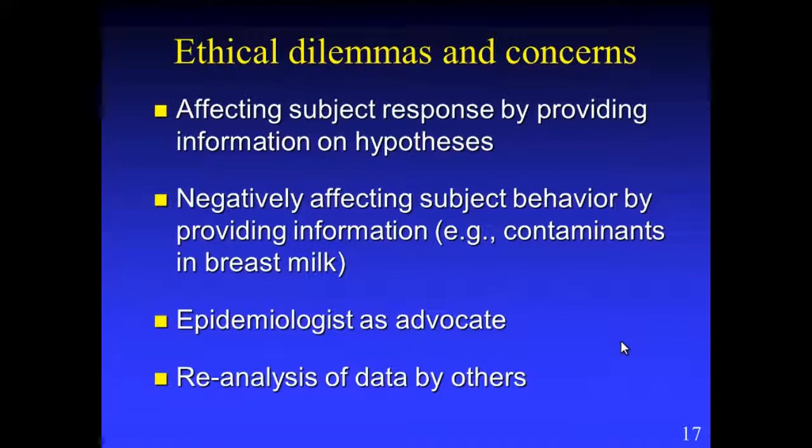So I want to talk about a number of ethical dilemmas and concerns that occasionally arise when we're carrying out studies. The first one I want to mention is whether by keeping participants fully informed, by providing information on our study hypotheses, we might be influencing their answers, because quite often people want to please when they respond to our questionnaires.